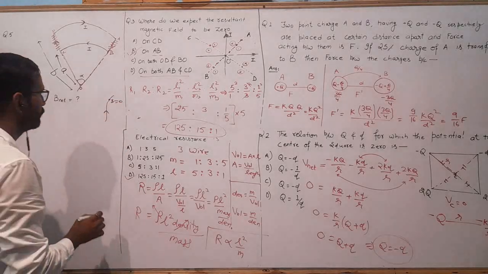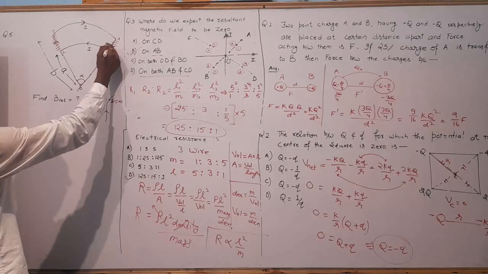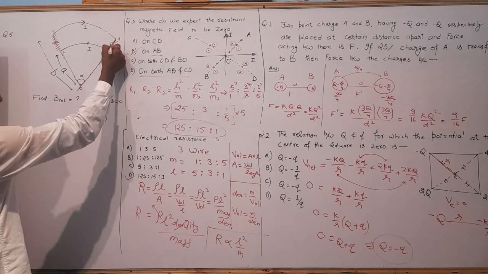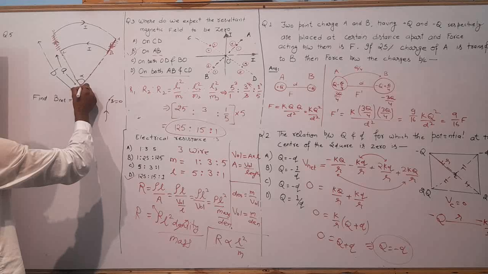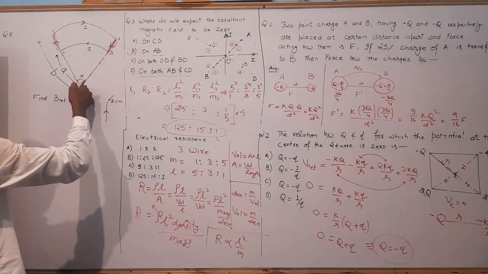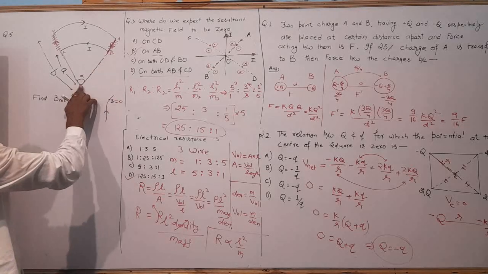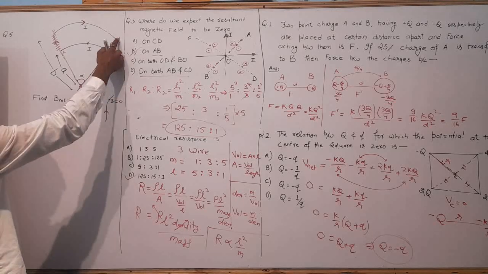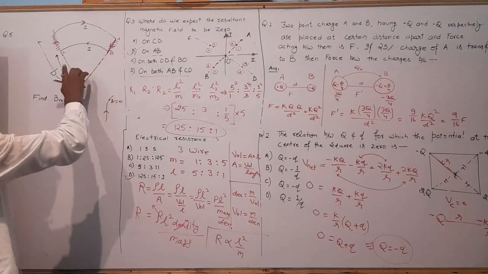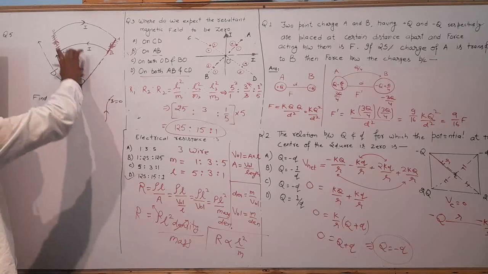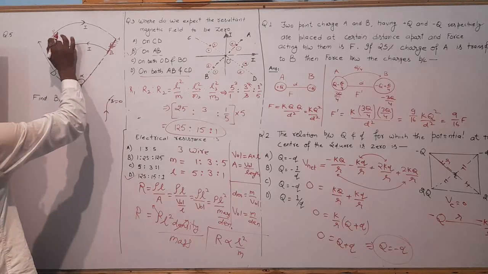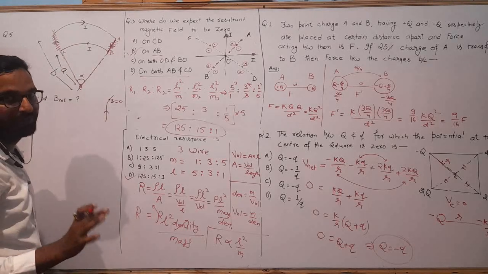So by this current carrying conductor B naught is equal to 0, and this current carrying conductor goes away from this point. So by these we can say the net magnetic field will be 0.